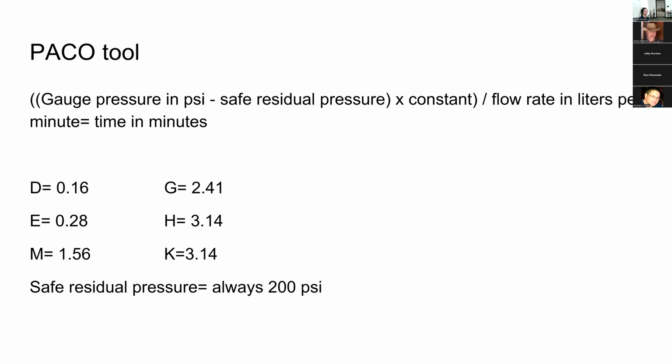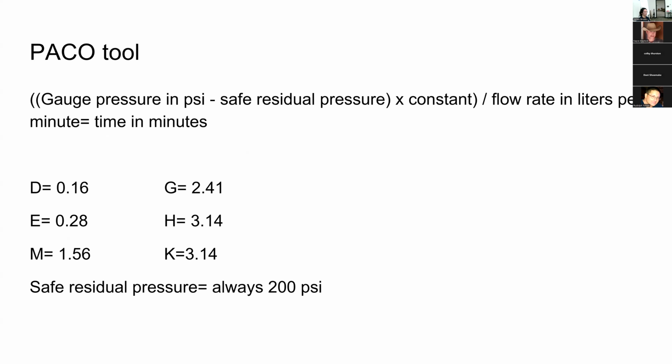So you look on your tank, your K tank, the big one in your ambulance, and your pressure gauge again reads 1500. You'll subtract that from the constant safe minimum, which is 200. So you're going to get 1300 for that first parentheses. Then you're going to multiply it by the constant of your tank, which is a K tank, 3.14.